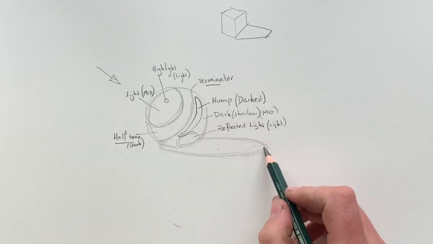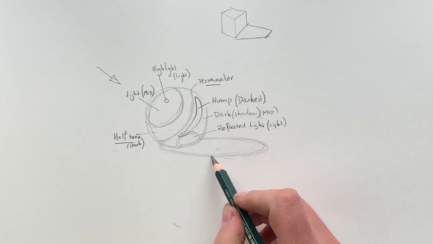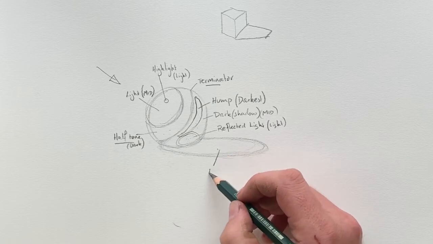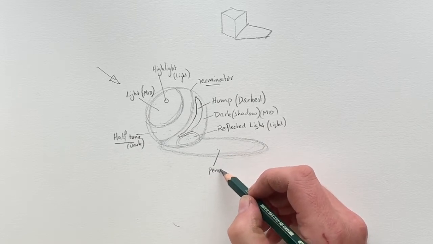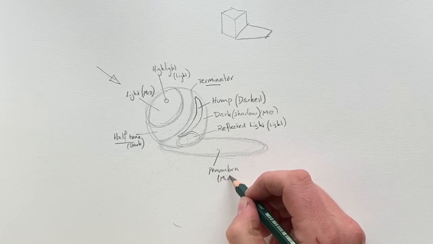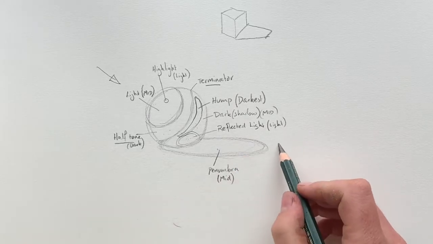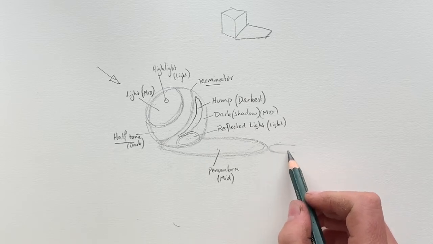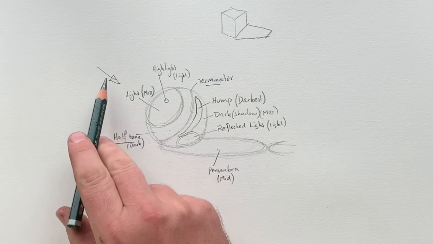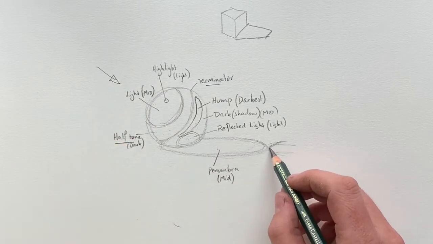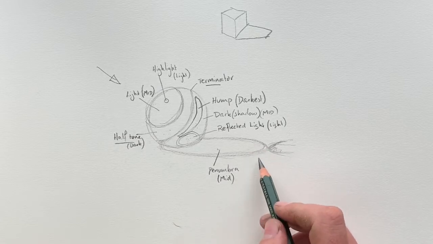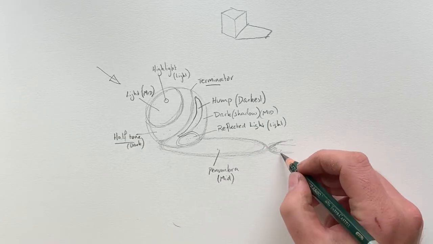The last part here is the cast shadow, which has three parts. The main part of the cast shadow is the penumbra, and it is the mid-toned part. We sometimes see, and you don't always see this, it depends on the strength of the light source, an area of tone like that, an inversion of the cast shadow.